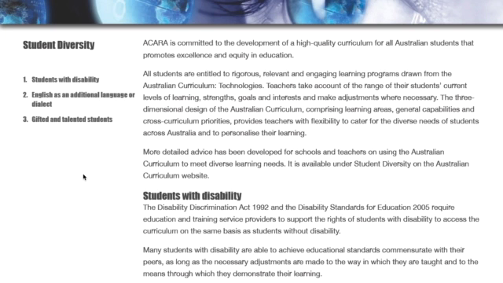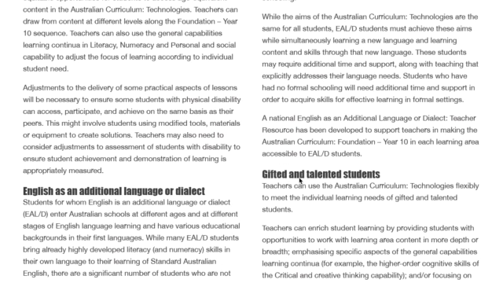A couple other things you need to be aware of: student diversity, and students with disabilities in particular, how they need to be addressed in terms of their engagement with both design and technology and digital technologies. Now, digital technologies in particular have had a long history of engaging students with learning difficulties, and most new digital technologies tend to be incorporated into supporting students with disabilities and their learning before they enter the mainstream.